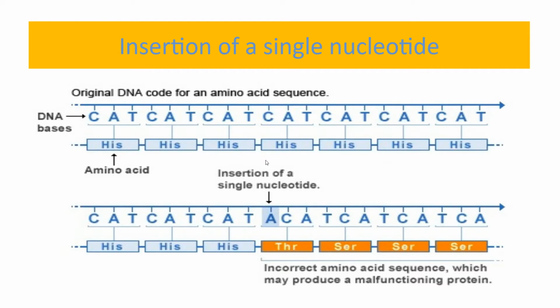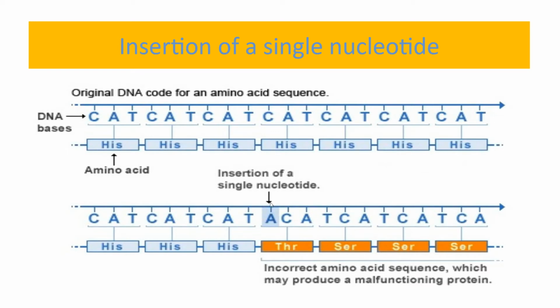With insertion here, a single nucleotide is being inserted. You can see here the base adenine being added. So where this CAT is, this A is now being put in there as well, but you still have the CAT. You just have an extra base.